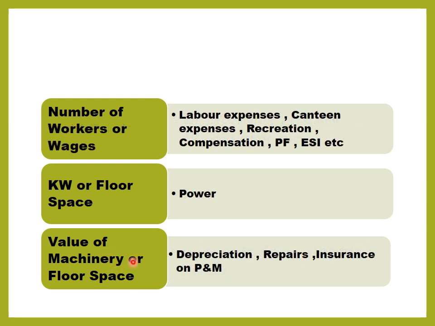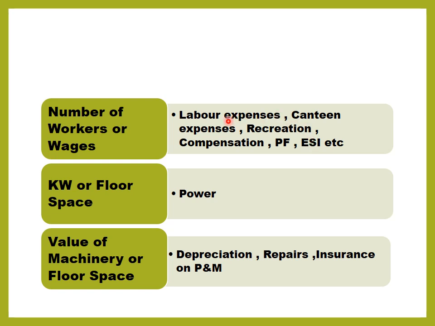All workers' expenses like labor expenses, canteen expenses, recreation facility expenses, just like welfare expenses, club, park, games, etc., compensation paid to the workers, provident fund, employee state insurance, called ESI. ESI is nothing but medical facilities.